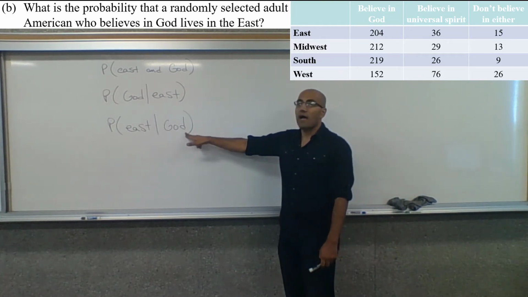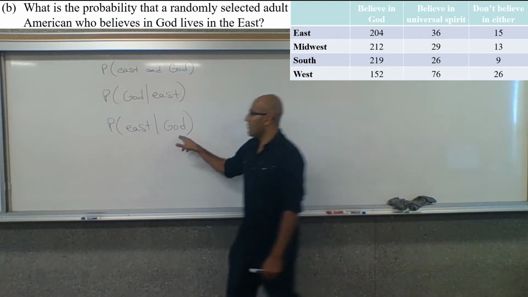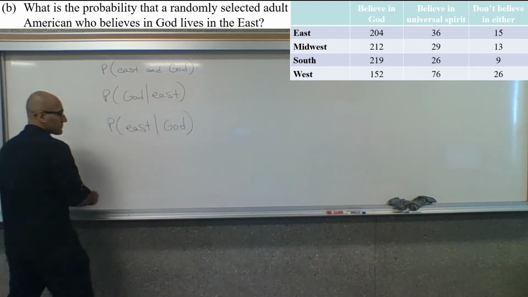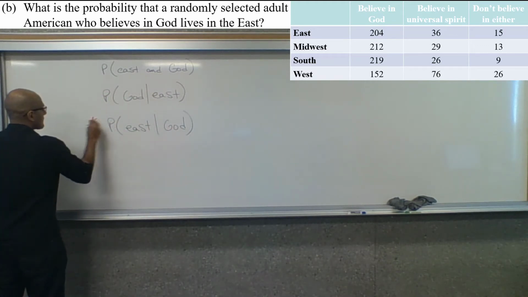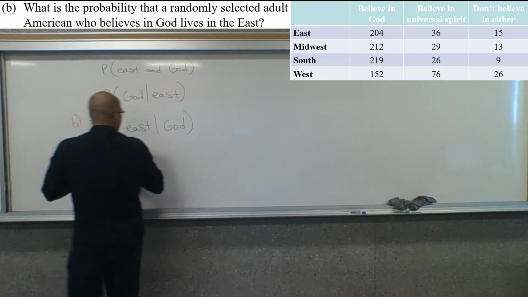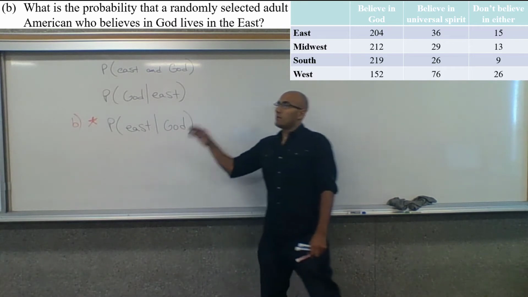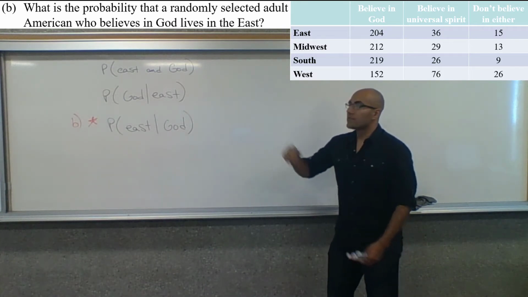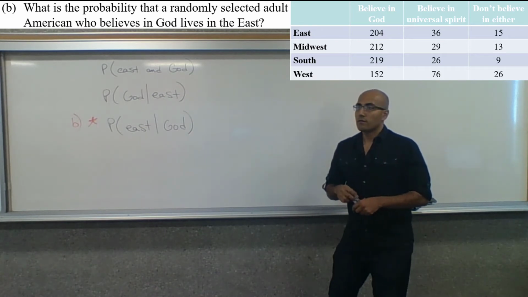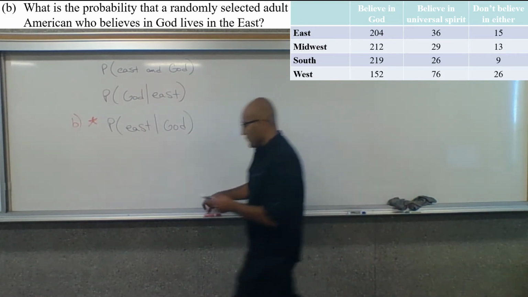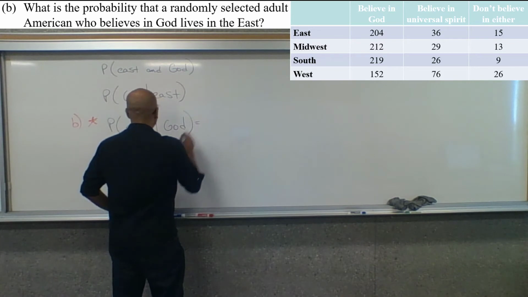So now this is the answer to part B, because this part is fixed now. They definitely believe in God. Now what's the probability that they live on the East Coast? Good? Questions? Okay, so then we go through our definition again.